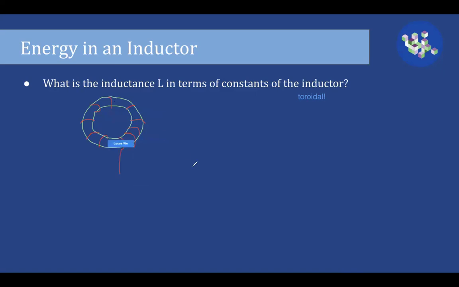Remember it goes in loops, so remember the direction of the magnetic field and our definition for inductance: L equals the number of turns times the flux divided by the current. And let the radius just be R.